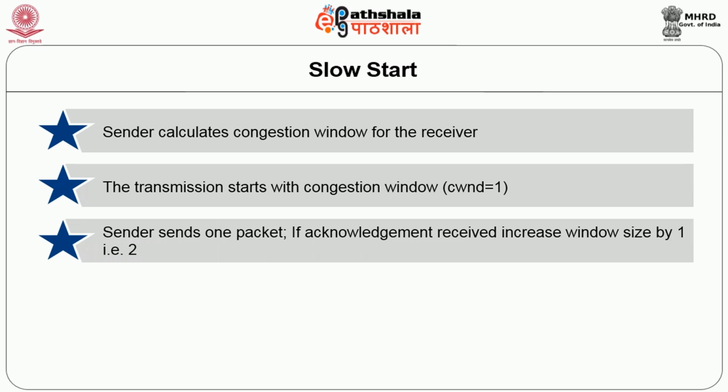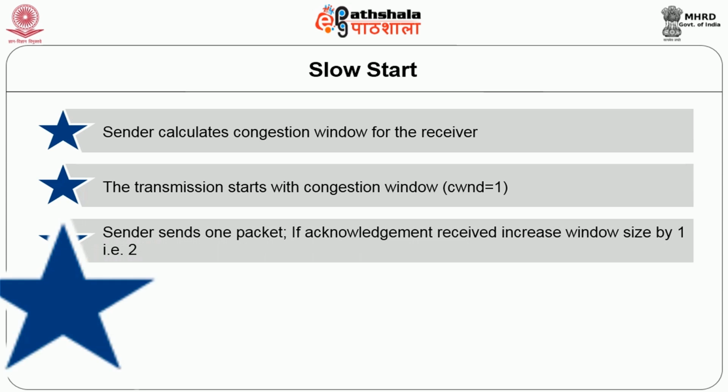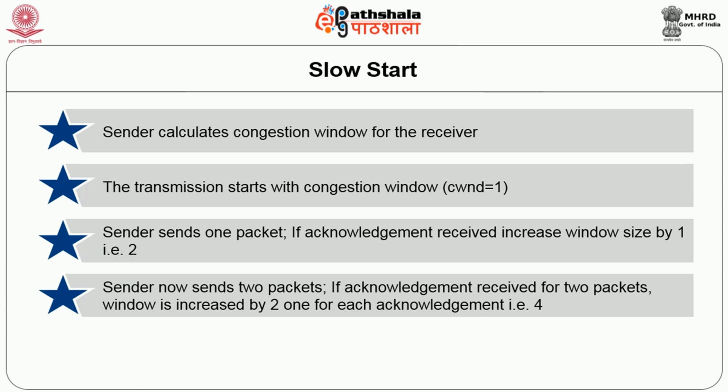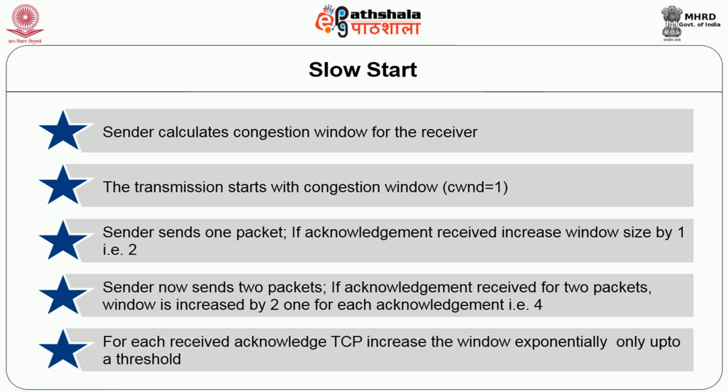If the acknowledgement is received for this packet, now 2 packets are sent. Now if the acknowledgement is received for both of these packets, 2 more packets would be sent for each acknowledged packet. So 2 packets have been acknowledged, and 4 packets would be sent. For each received acknowledgement, TCP increases the window size exponentially.